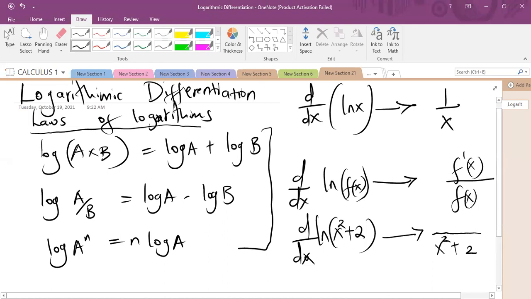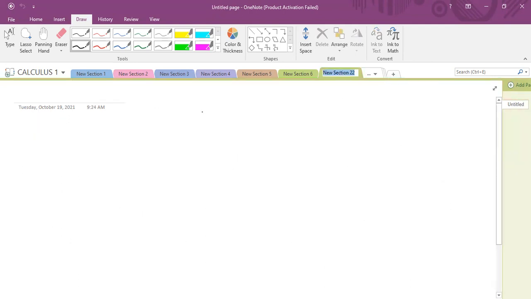So if you differentiate x squared plus 2, you get 2x plus 0, which is just 2x. So this is how you differentiate a logarithmic function, guys. So if you already have this and you already have the laws, let's look at some expressions here and apply the laws of logarithms in differentiating them.